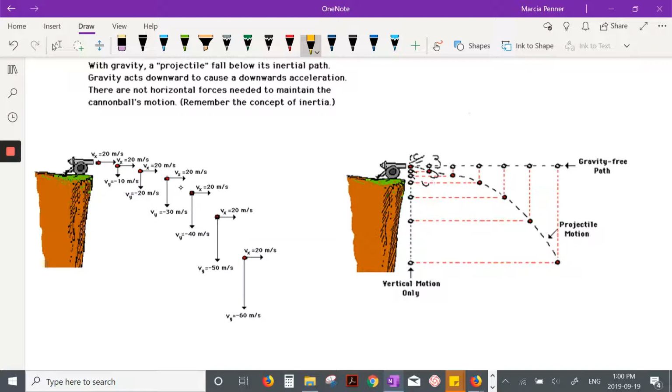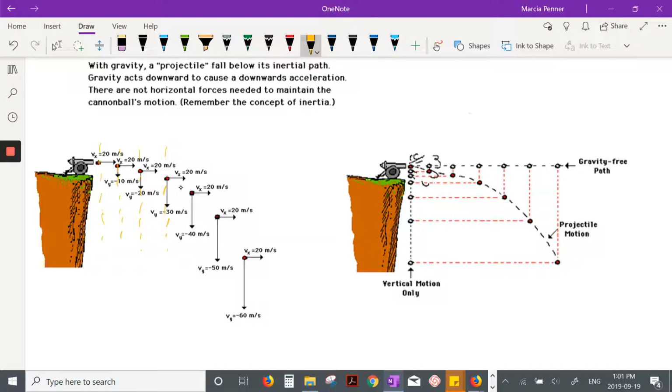And if we look just at the horizontal, if we were to make a grid or have this on graph paper and draw in our lines of how it's traveling horizontally, you'll find that the horizontal distance traveled in each space is exactly the same.